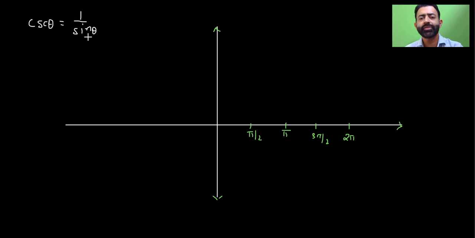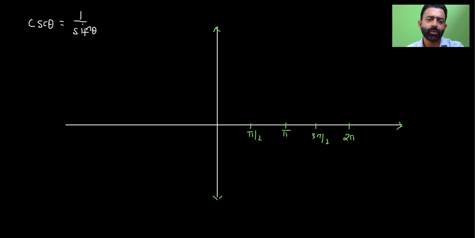So sine theta is 0 at theta equal to 0, pi, 2 pi, 3 pi and so on. So for integer multiples of pi, sine theta will be 0. On those values of theta, cosec theta will not be defined. Not defined means it will approach either plus infinity or minus infinity, depending upon whether sine theta is positive or negative respectively.